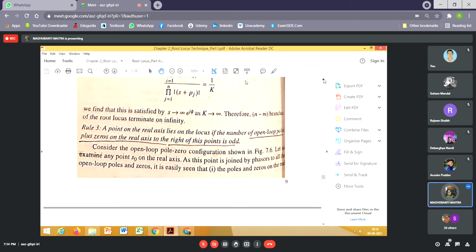I repeat, with the help of this particular rule, we are trying to find out which part of the real axis will be an on locus segment. Am I clear?